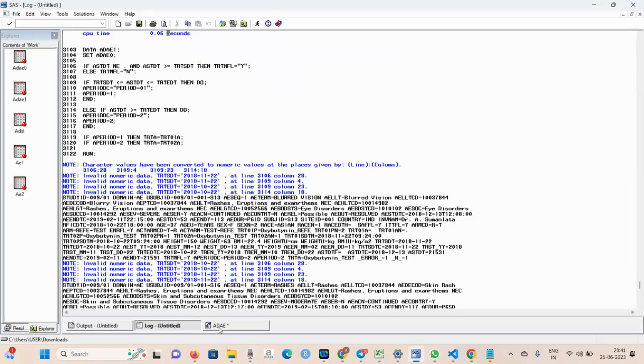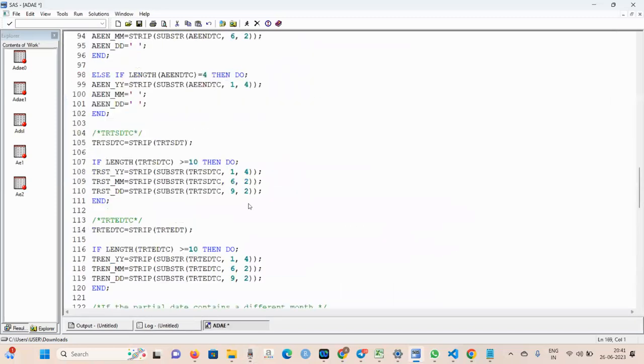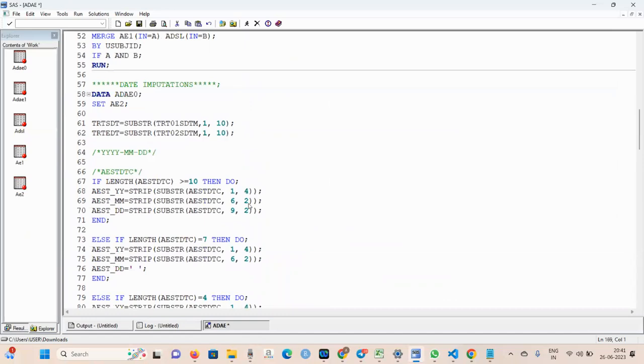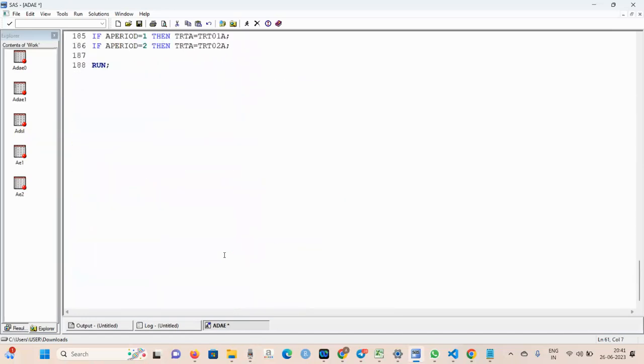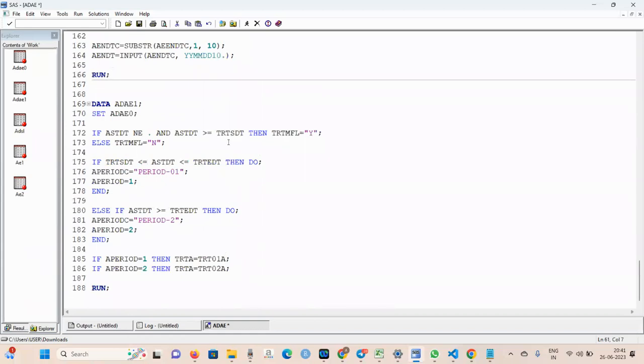Is it treatment started or treatment ended? TRT as treated. Same thing. Let's check.